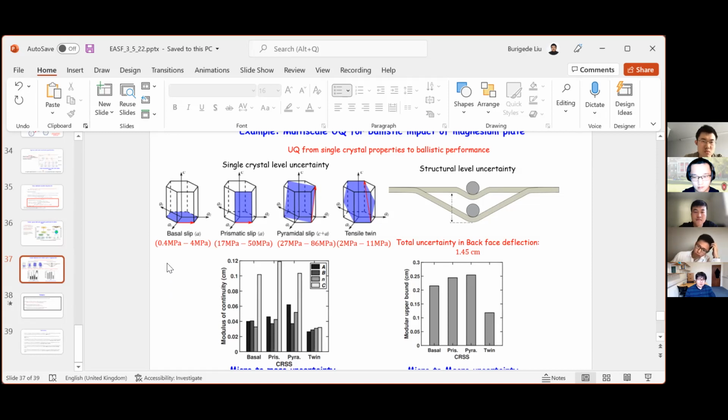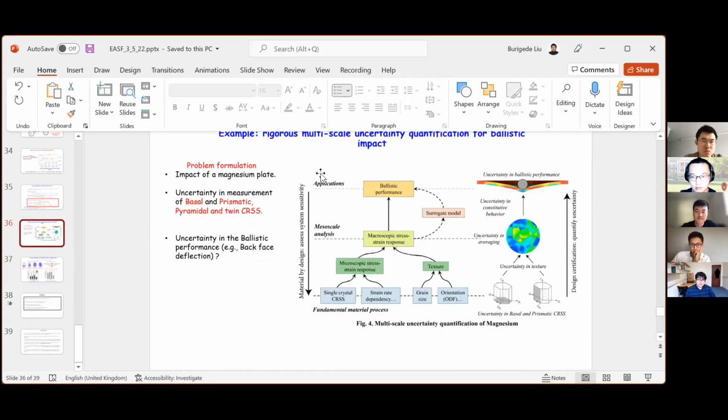Meaning that we're trying to find the least upper bound of the uncertainty that is caused from these low length scale uncertainties. In the macro scale, what is the bound of the variation of our performance, rather than asking what is the probability distribution of our uncertainties? And of course, that's the key difference.